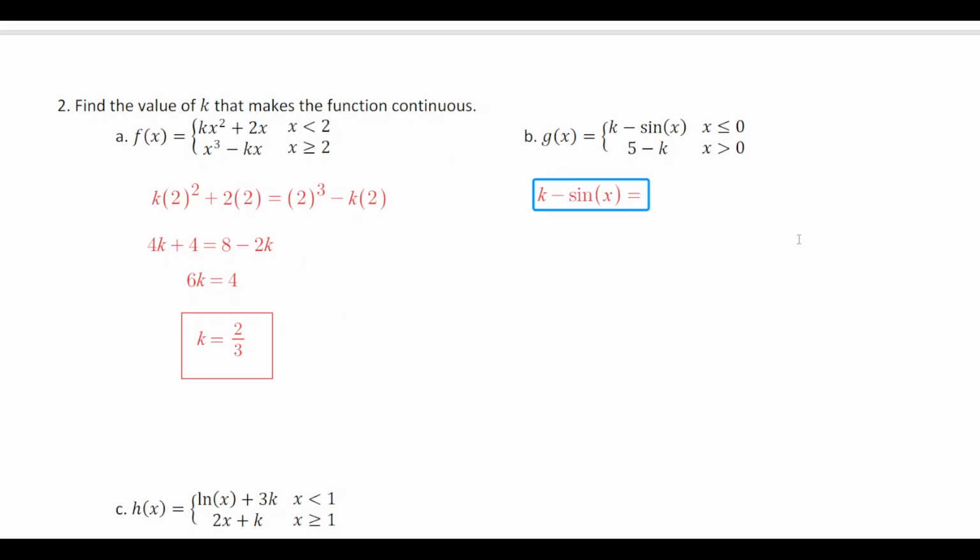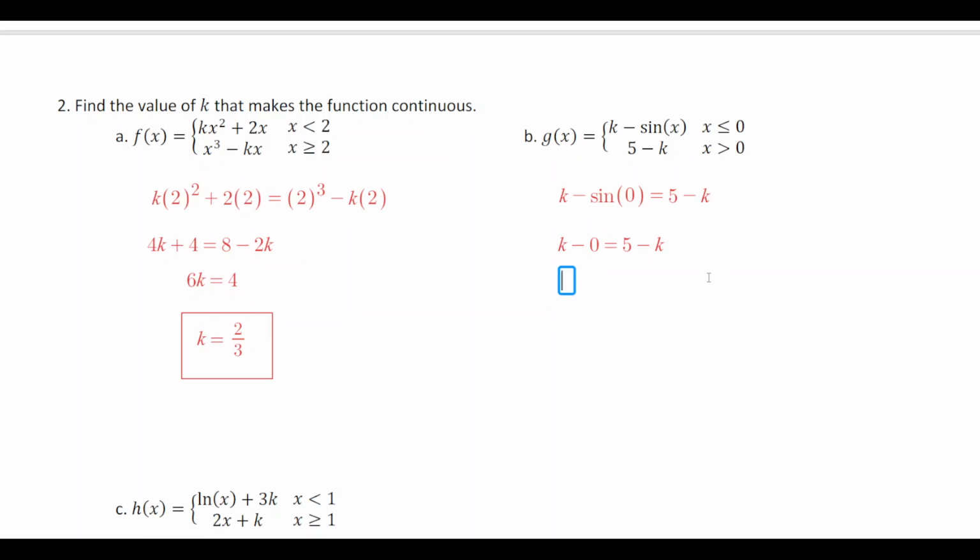So first things first, I'm going to set the two equations equal to each other. I don't need them to be equal to each other everywhere. In order for it to be continuous, I just need them to be equal at x equals 0. Thinking back to your unit circle, you may remember that sine of 0 is 0. And so we get this nice little linear equation to solve.